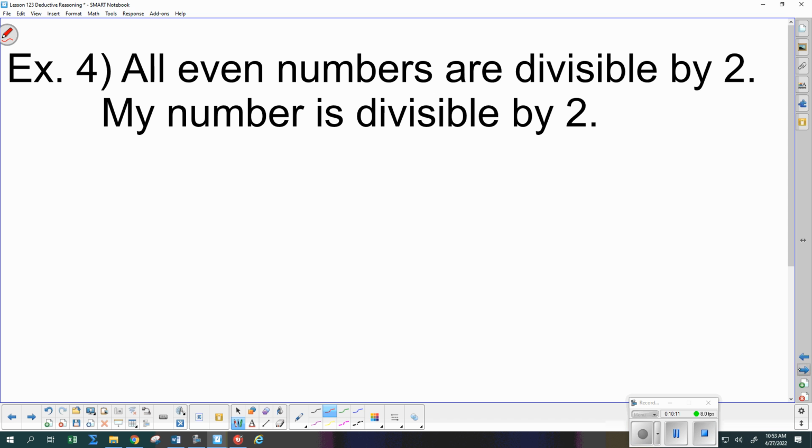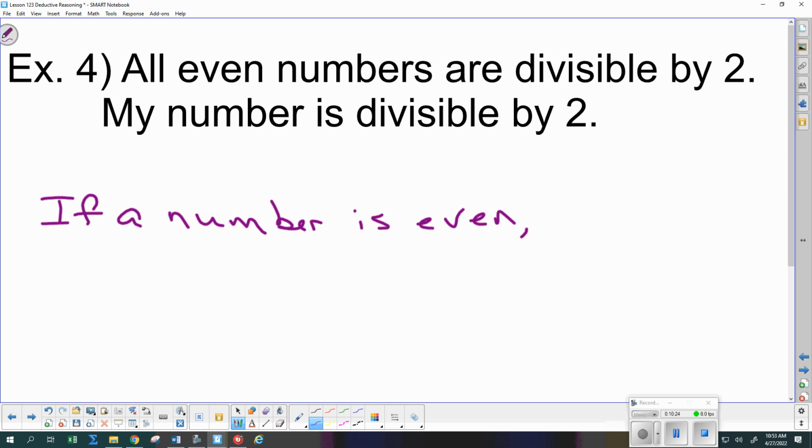That's exactly the same major premise as I just had, right? So we still have, if a number is even, then it's divisible by 2.